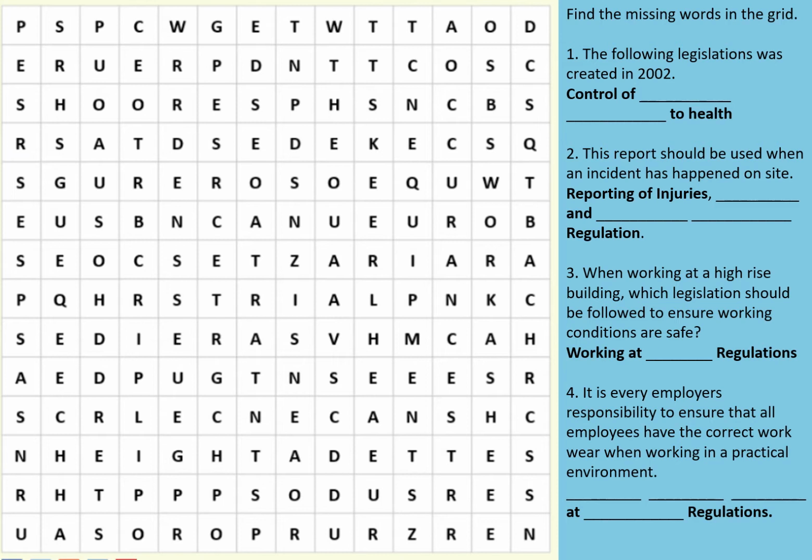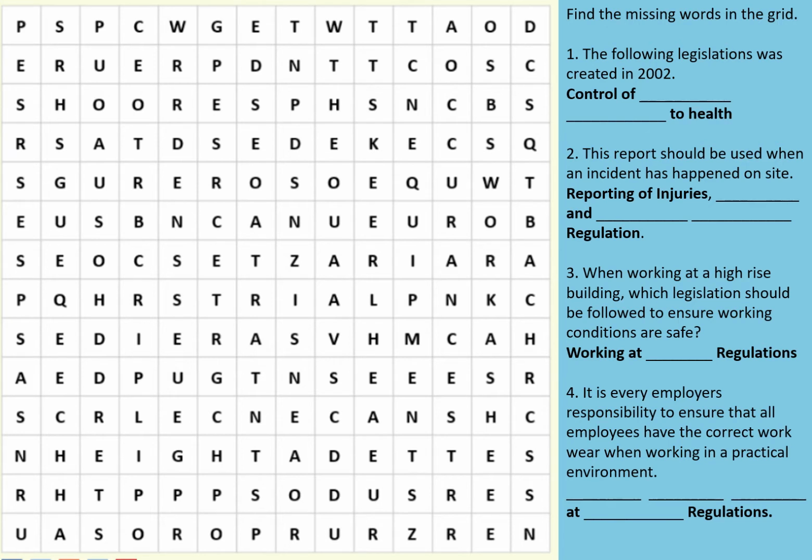Number 2, this report should be used when an accident or incident has happened on site. So the legislation is reporting of injuries, blank, and blank blank regulation. So you've got 3 words missing from that legislation title there, and again they're hidden somewhere in the grid, not together, they are separate.